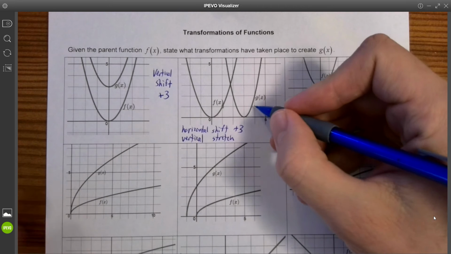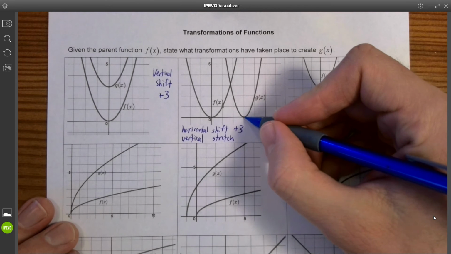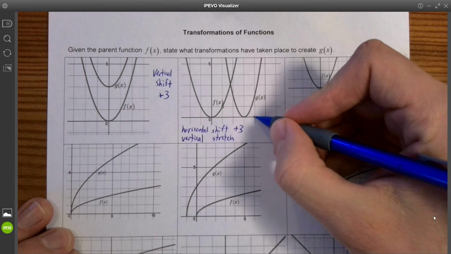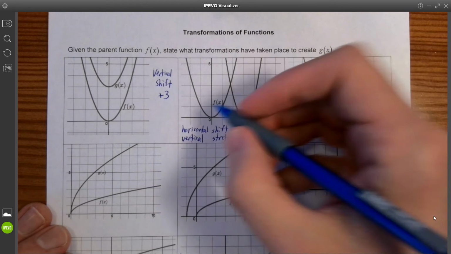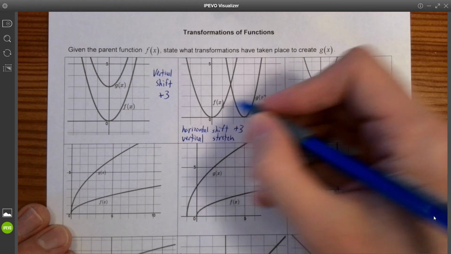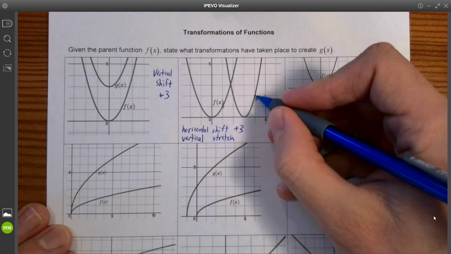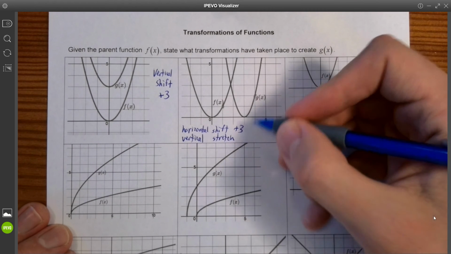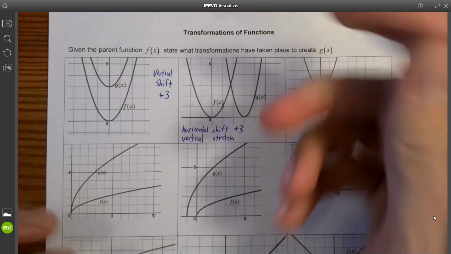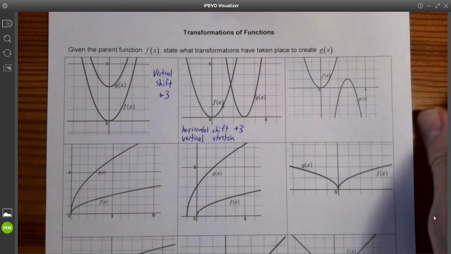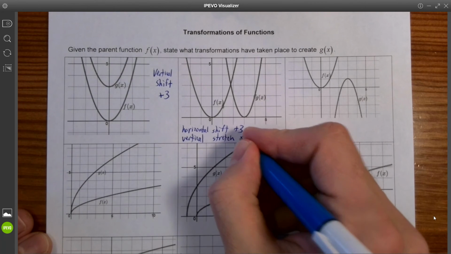So on the other function, going from the vertex, if I went to the right 1 and went up 1, I wouldn't be on the actual function. See, this would be like to the right 1 and up 1. Now to the right 1 and up, oh, have to go 2. So my vertical stretch took every coordinate and stretched it by a factor of 2. So vertical stretch with a factor of 2.